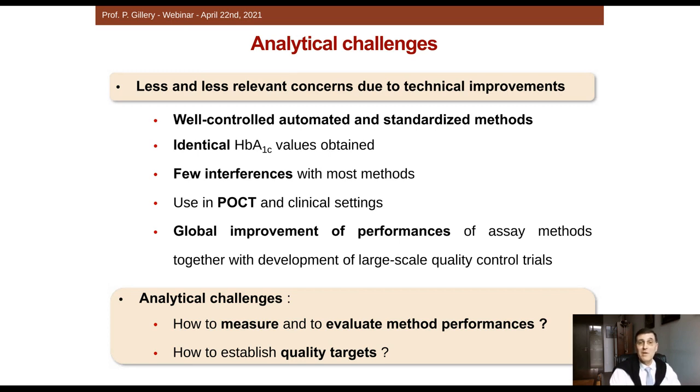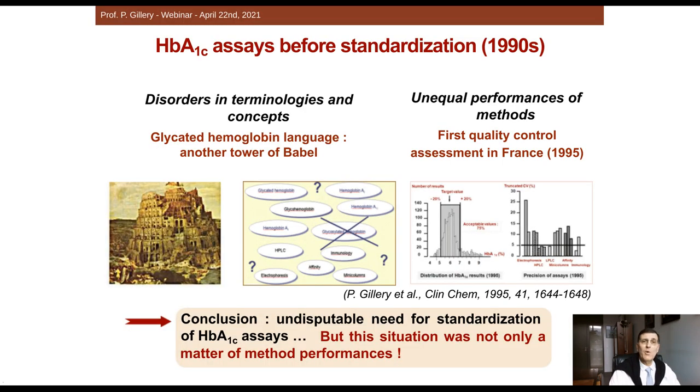Some of them can be used in POCT and in clinical settings, and there is a global improvement of performances together with the development of large-scale quality control trials. Anyway, there are still two types of analytical challenges. First one, how to measure and to evaluate method performances, and then how to establish quality targets.